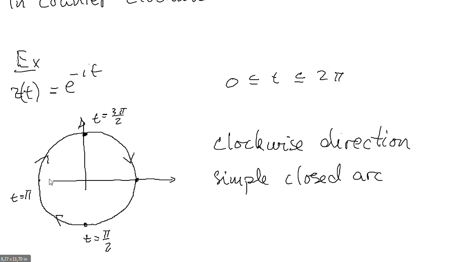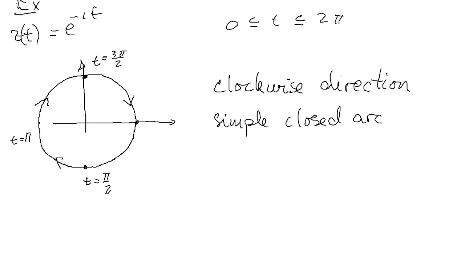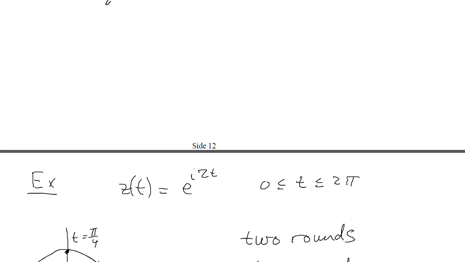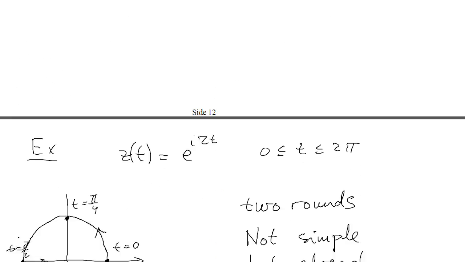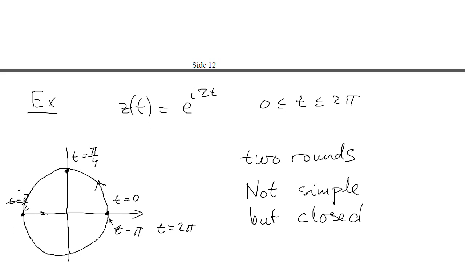So we are moving in this direction, and it's also a simple and closed arc. Here's another example, similar, but here instead of t we write 2t. So we have this z of t, this curve.